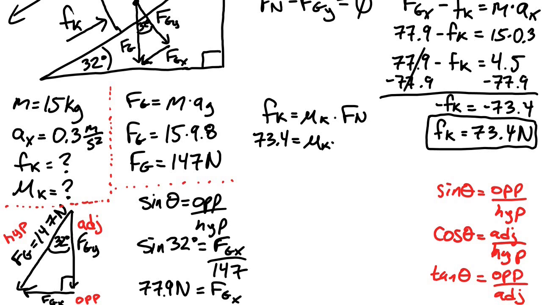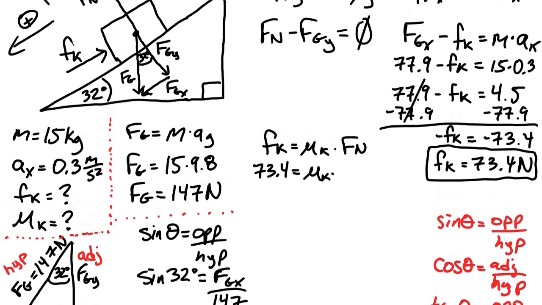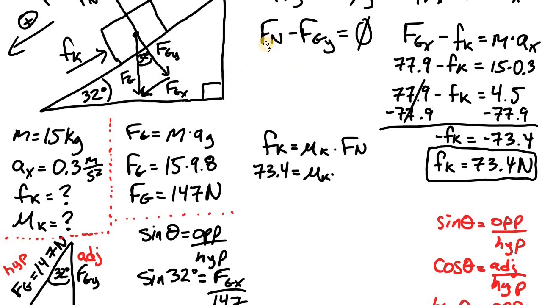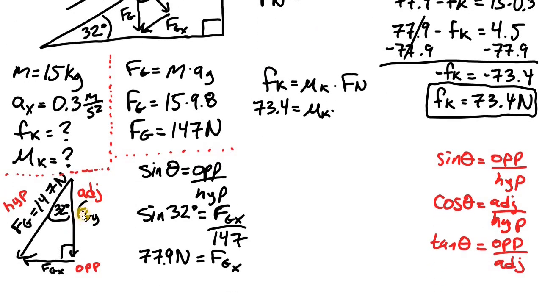Oh, wait a minute. Do we have our Fn value? No. But we do have Fn over here. So, Fn minus, do we have our FGY? No. But we do have FGY over here.